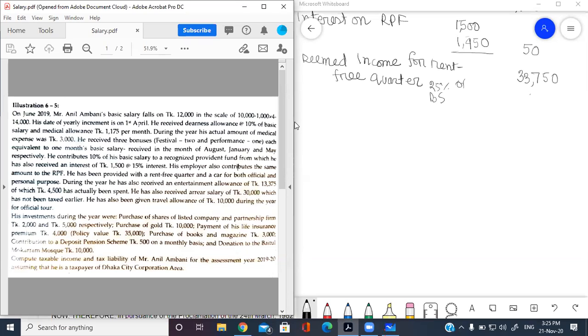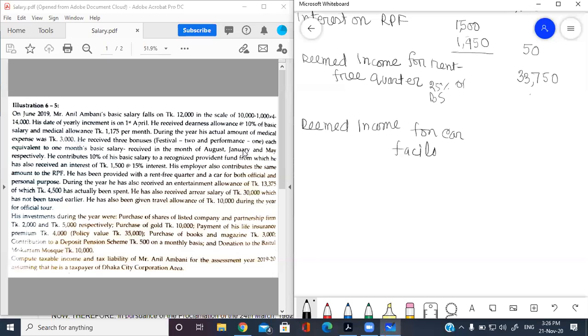However, it is mentioned that it has been provided for both official and personal purpose. In that case, we need to convert this facility into deemed income for car facility, or you can write conveyance facility.